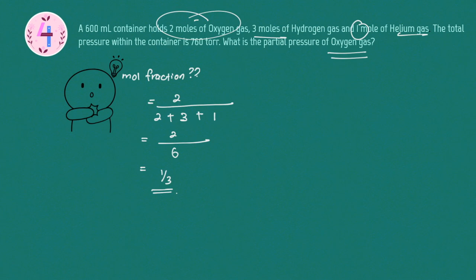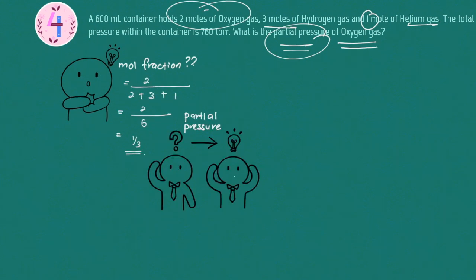Right, this is your mole fraction, but in the question you were asked to calculate the partial pressure. So what is the partial pressure? It is the mole fraction times the total pressure.